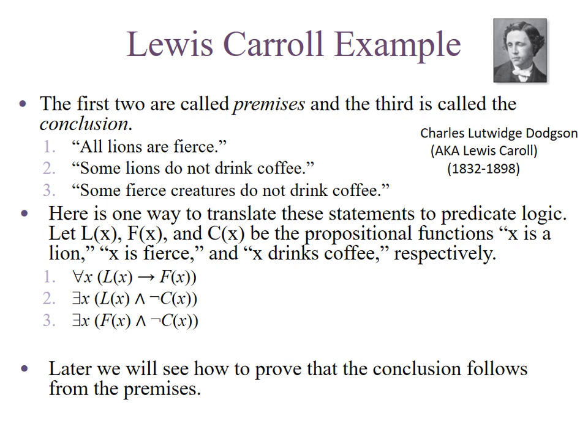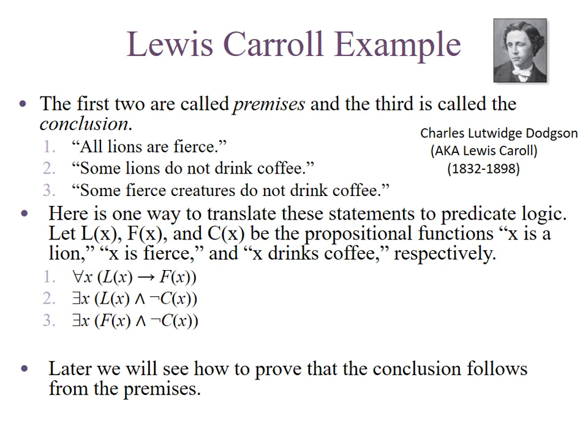So let's see how we transform this sentence into predicate logic. Okay, we use L of x if x is a lion, F of x is fierce, C of x is x drinks coffee. Okay, and then all lions are fierce. Remember, for all x, if x is a lion, then x is fierce.